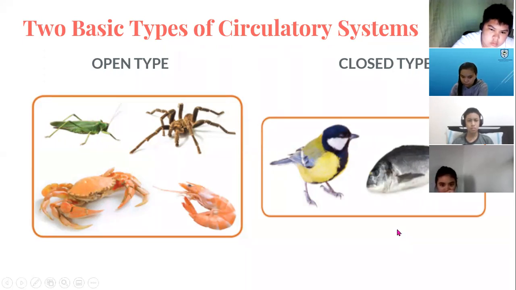While in closed type, such complicated animals na birds and fishes, meron dugo, kulay pula, merong veins, merong arteries. Kaya nga kapag pinatay ang isda, may dugo-dugo pa. And ganun din sa bird. Kapag nasagasaan ng sasakyan sa kalsada, paminsan-minsan.